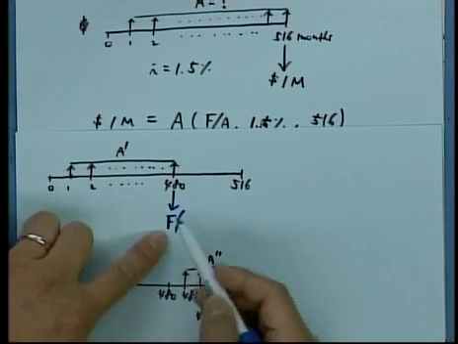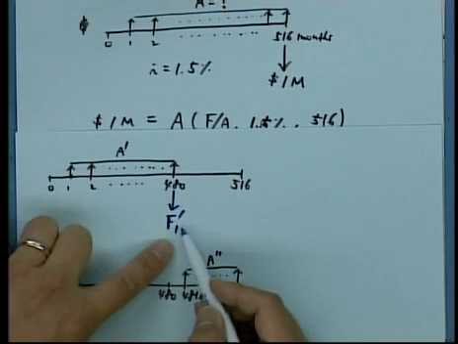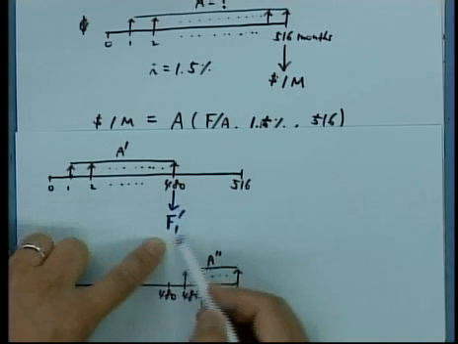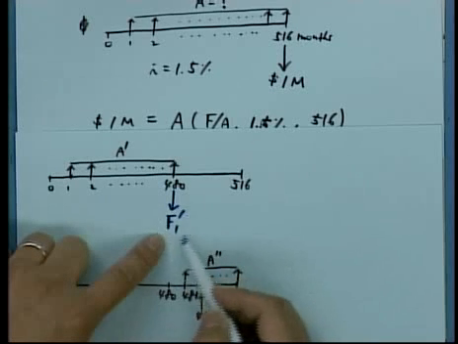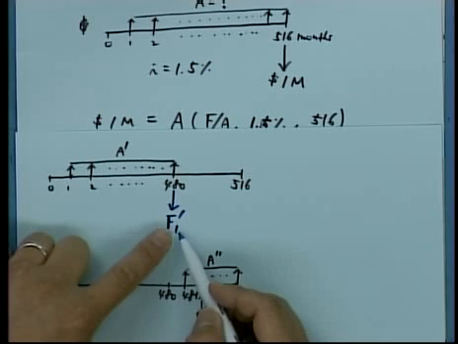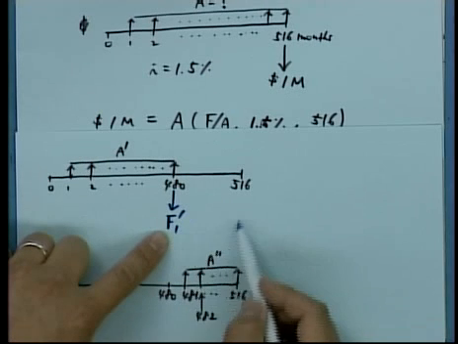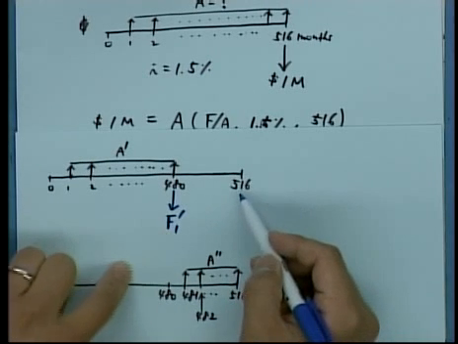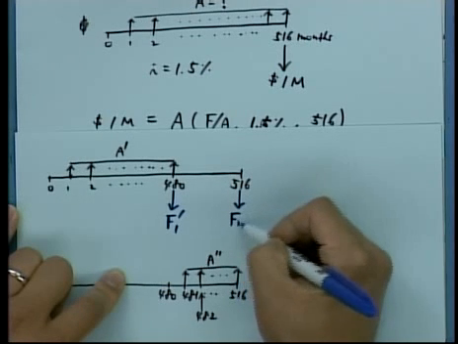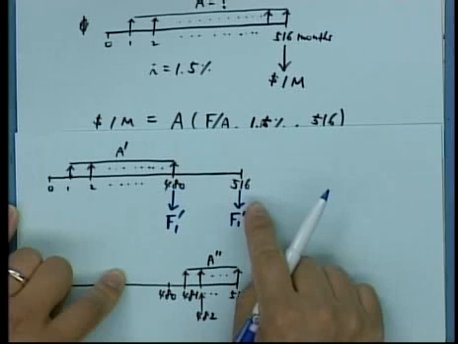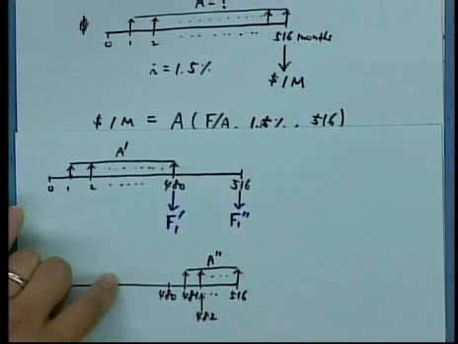Once we get the value of F1 prime, this single amount of money can be converted to the equivalent future sum of money, which is, let's say, F1 double prime at the end of period 516.